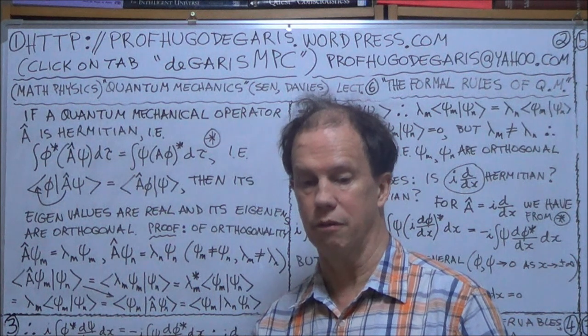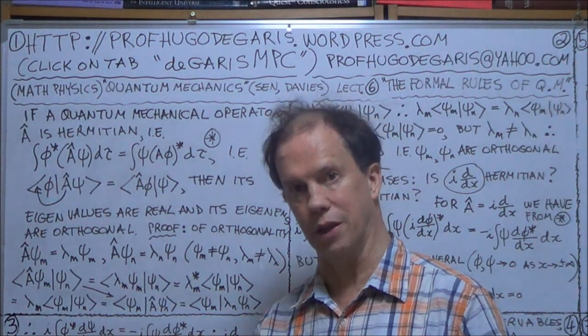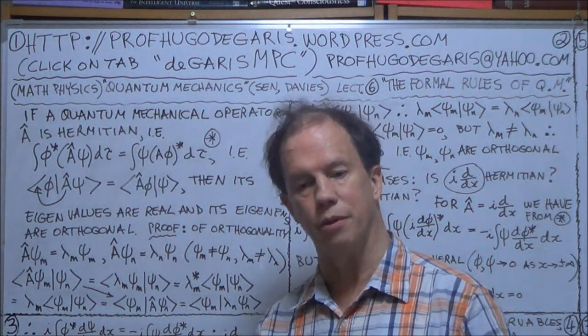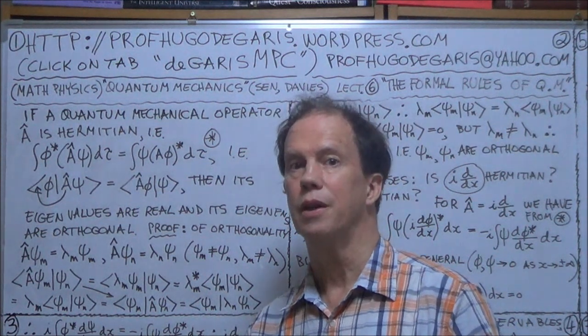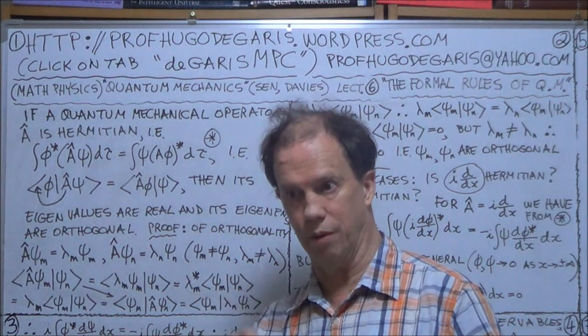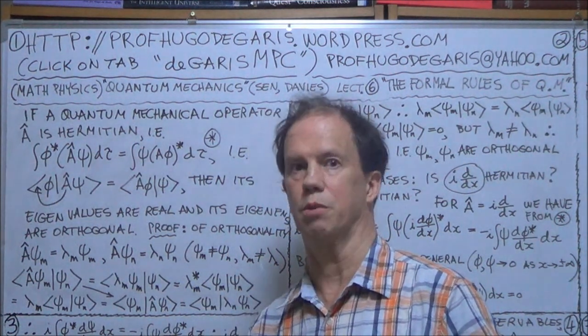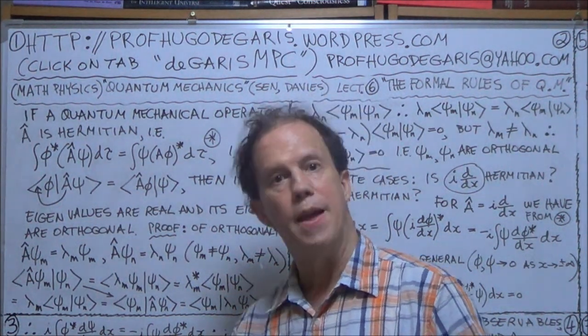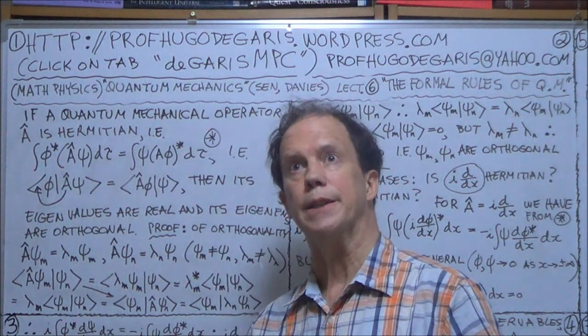And the eigenvalues you get from that eigenequation correspond to the allowed quantized measurement values you get for that observable, that measurable quantity, right?